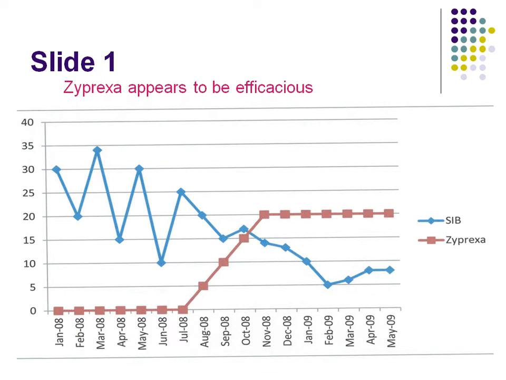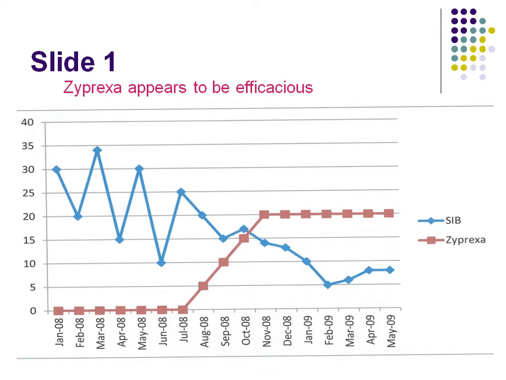Okay, it was decided to try Zyprexa in this individual after a baseline period from January to June. So that's about 6 or 7 months of a baseline period. The family collected the frequency of the SIB.